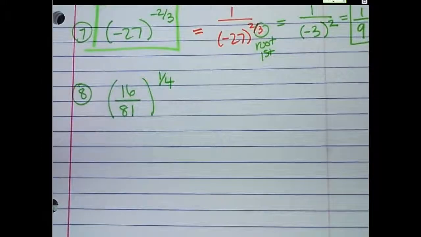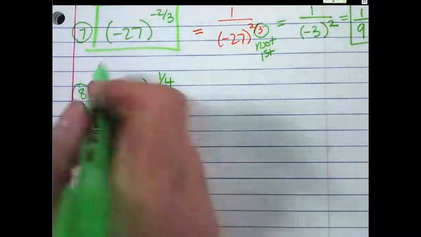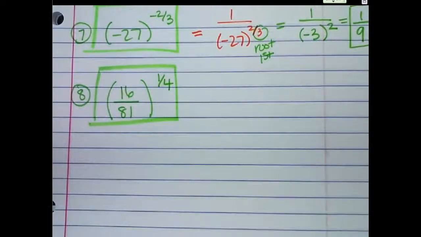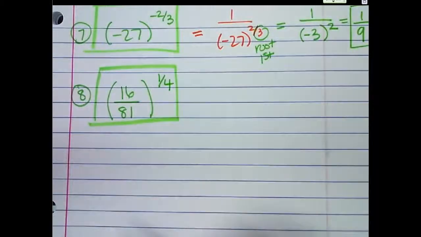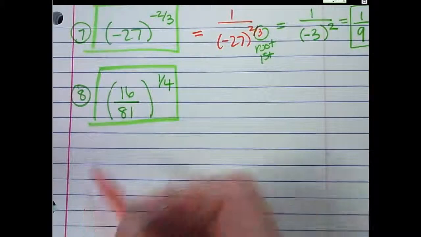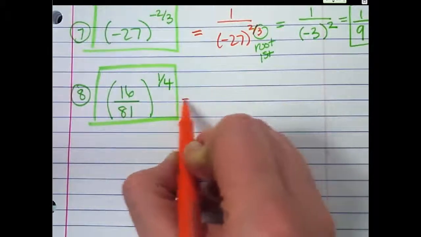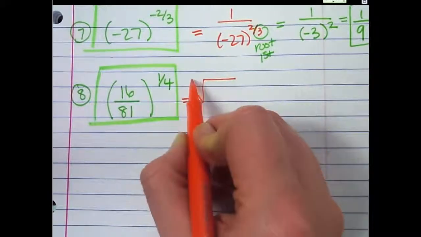Okay, number 8. 16 over 81, and then that's all raised to the 1/4. If you change it to a root, what goes on the outside?